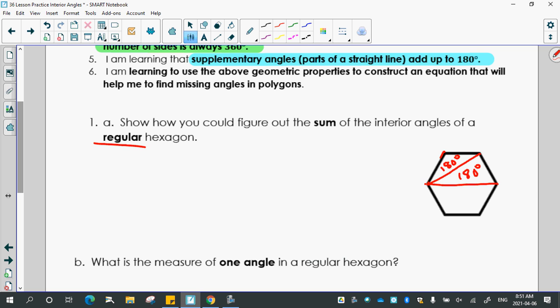Go to the next vertex, got 180 degrees in it. And then this triangle also has 180 degrees in it. So whenever they ask for a sum, I just write sum. And it's going to be 4 times 180 degrees, which is 720.